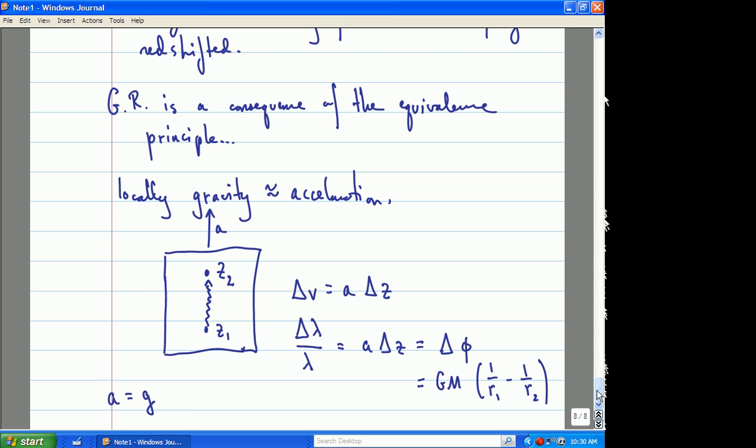And the other is being in an elevator which is static but in a constant gravitational field. In both cases, you will observe a redshift. But the physics that you would ascribe to that redshift is different. The set of words that you would use is different. In one case, you would say it's due to the Doppler effect. In the other case, you would say it's due to gravitational redshift.